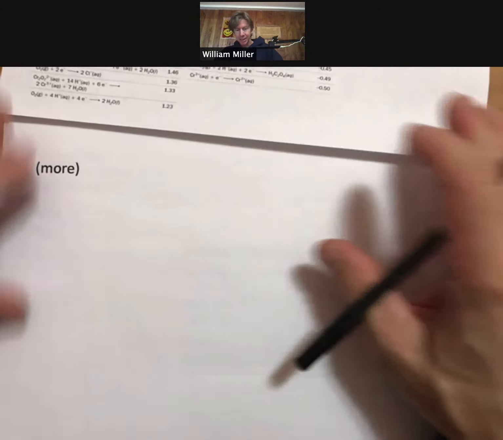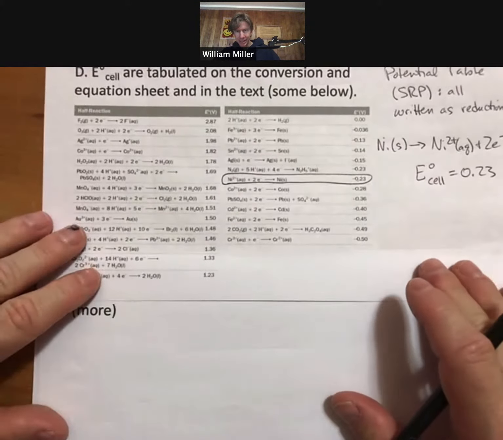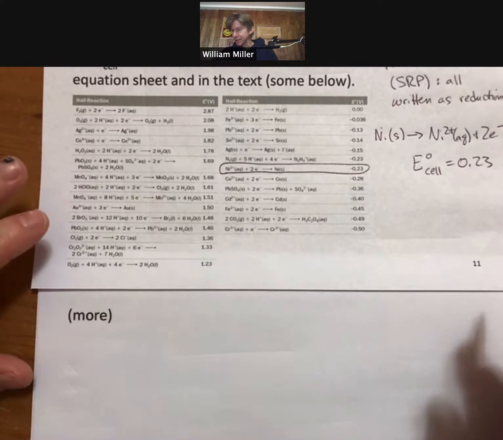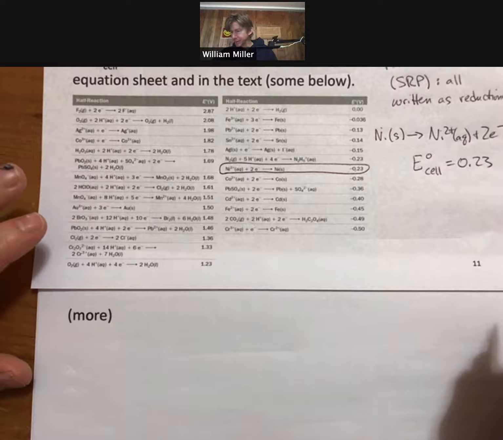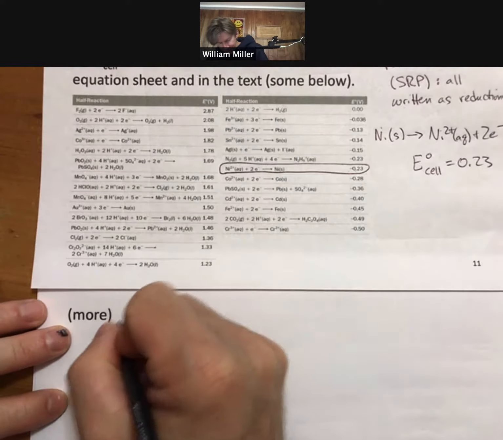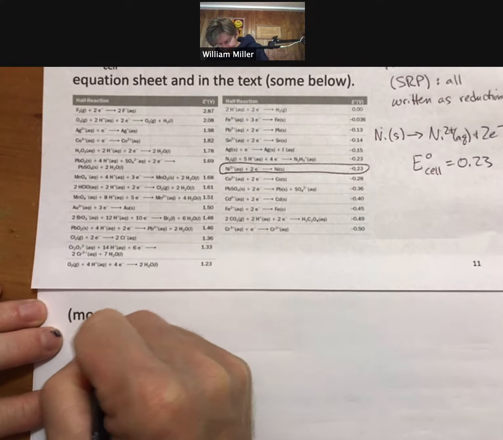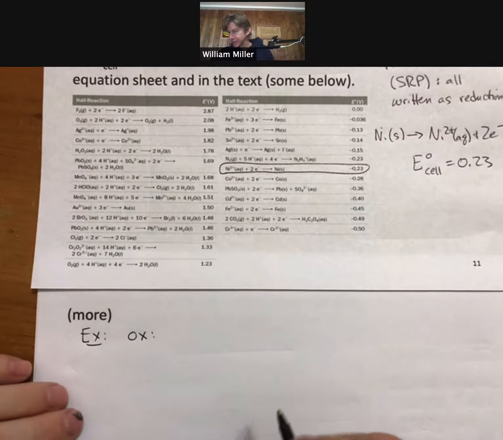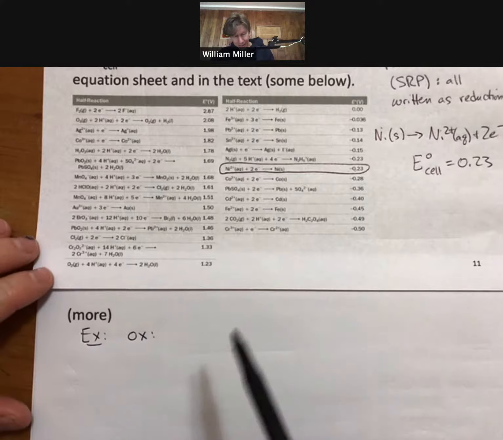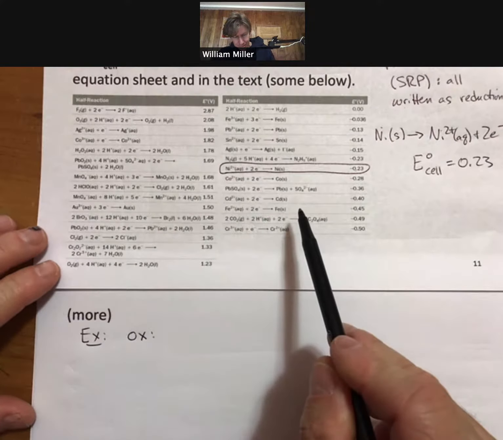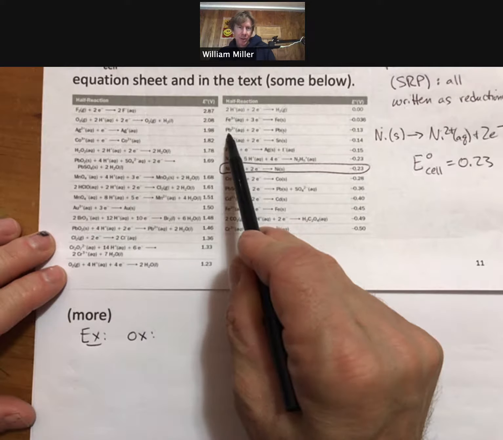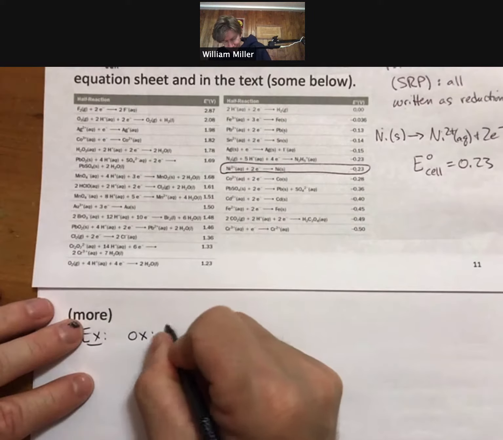All right, so on the next page, let's go ahead and take some of these reactions and build a cell. We're going to build an oxidation. So here's an example. Our oxidation half reaction is going to be lead solid going to lead 2+ ions plus 2 electrons.